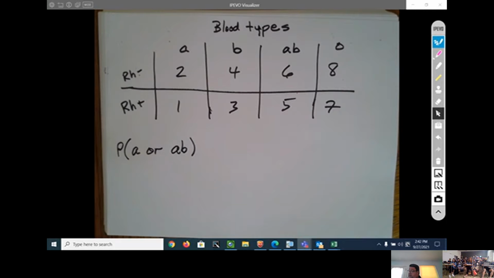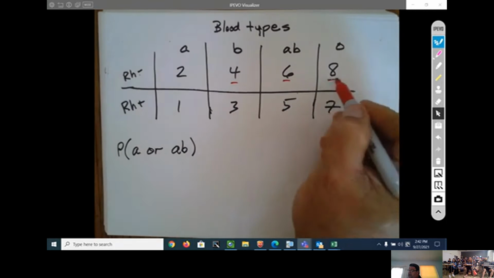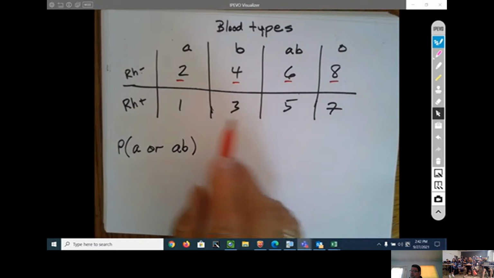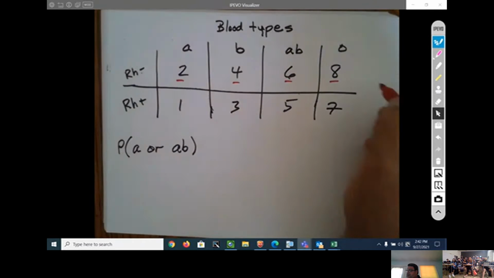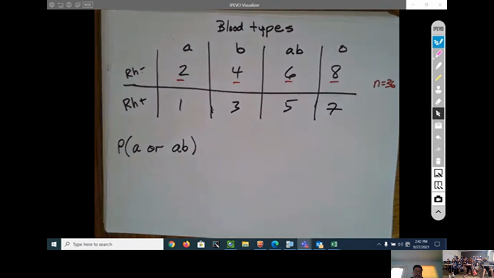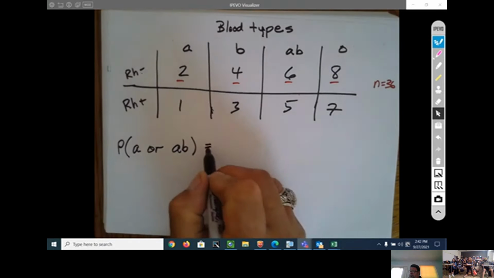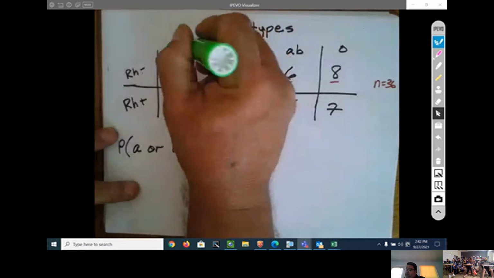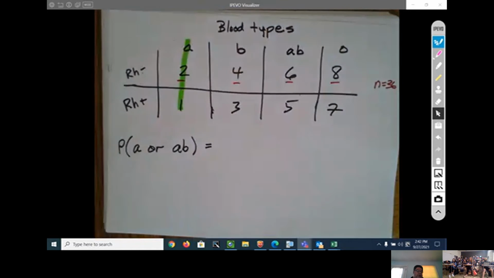Let's see, there's a 10 right here, there's a 10 right there, so there's 20, 25, 29. I got 36. That's what I got. So you put 36 on the bottom. So for the probability of A, I'm going to take my highlighter and highlight A in green, and I'm going to highlight AB in purple.